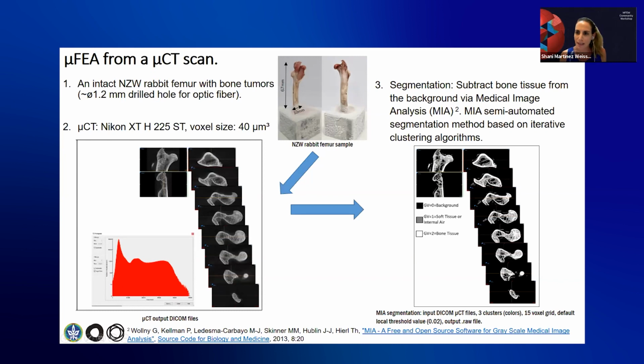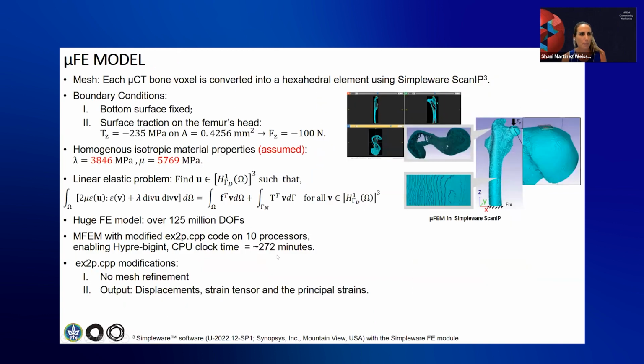I use MIA, a semi-automated segmentation method, for the segmentation. Each bone voxel is converted into a hexahedral element using Simpleware. The bottom surface of the bone is fixated. A vertical load of about 100 Newton is applied to the head of the femur.